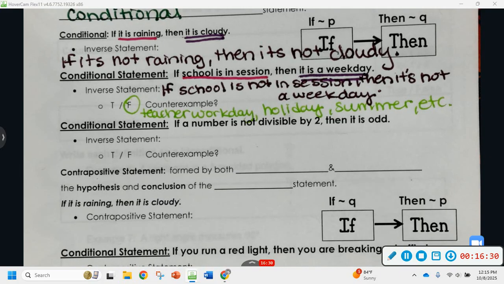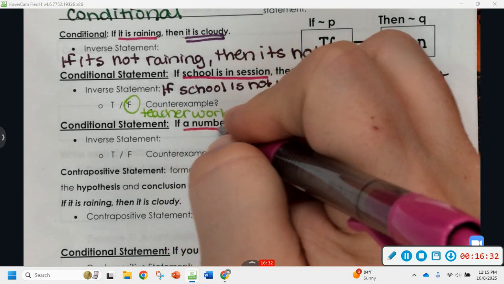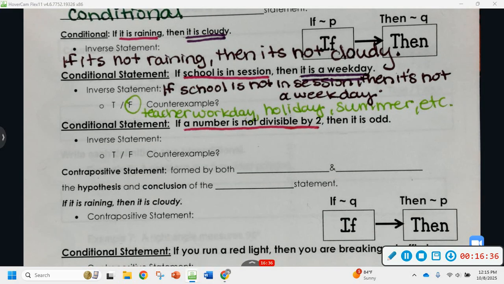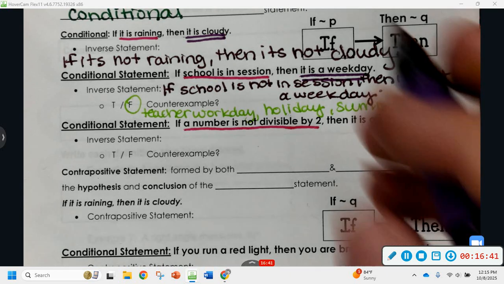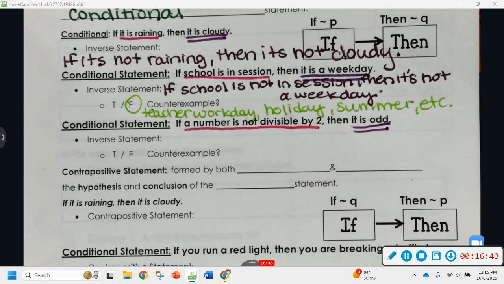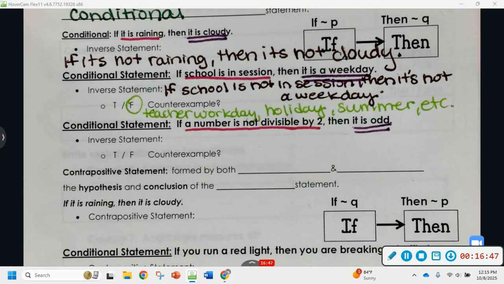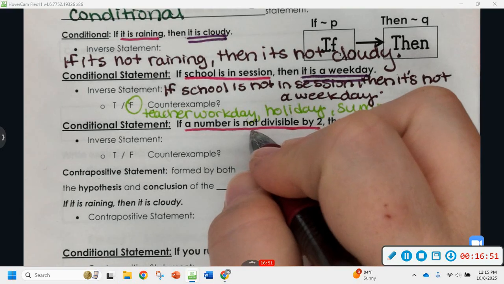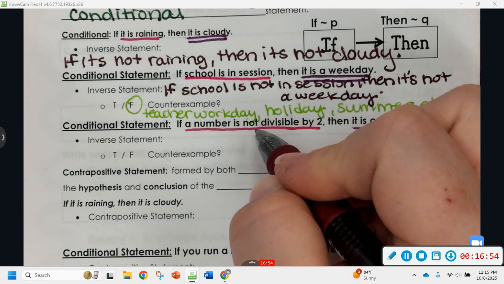We have: if a number is not divisible by 2, then it is odd. Ooh, this one's kind of interesting. When I need to negate, remember negating is taking the opposite meaning.